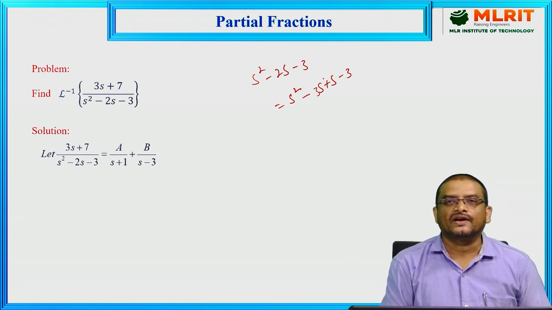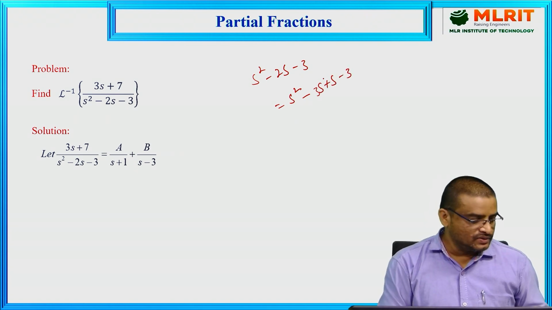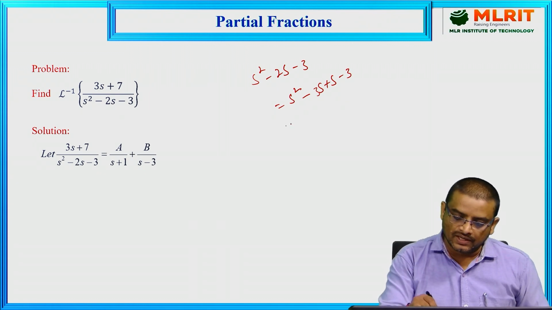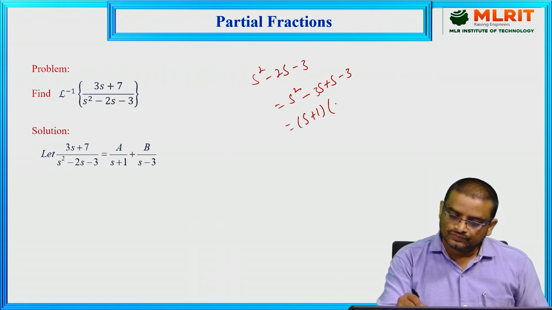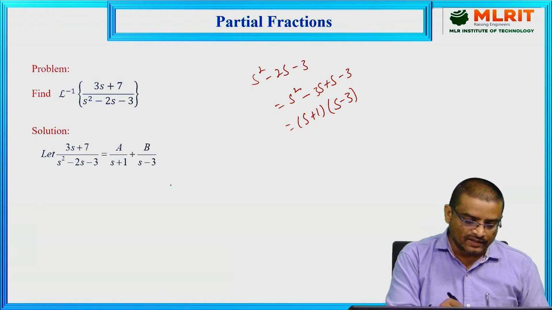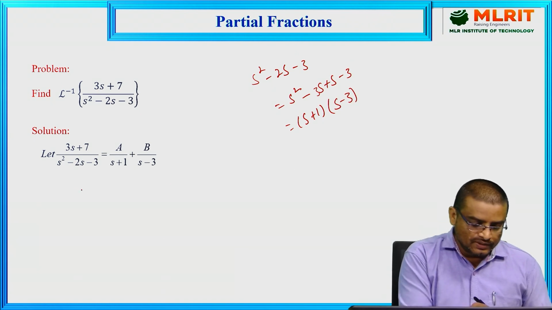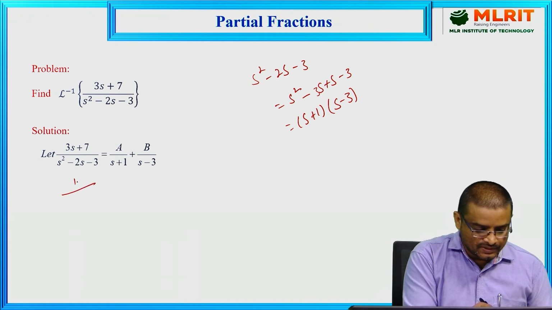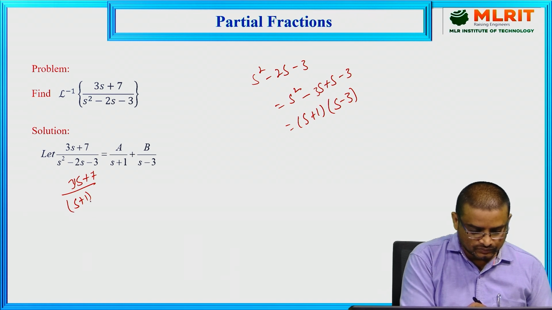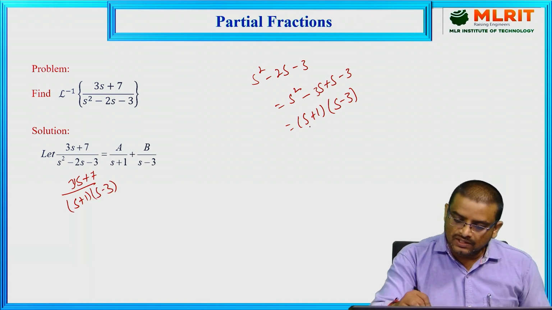Using the factorization method, we can get our factors as s plus 1 and s minus 3. So these are the linear factors. So this can be written as 3s plus 7 by s plus 1 into s minus 3. So for this we got the linear factors.